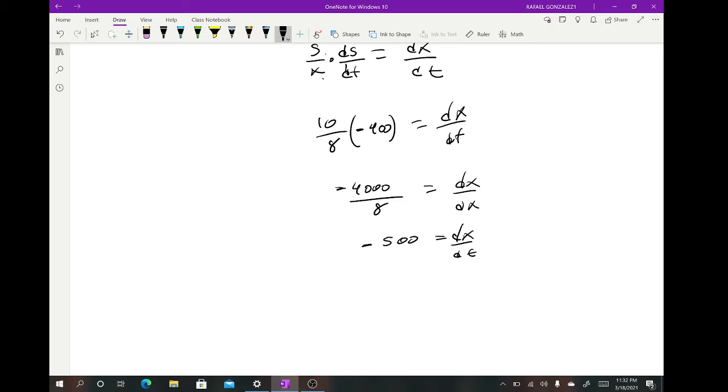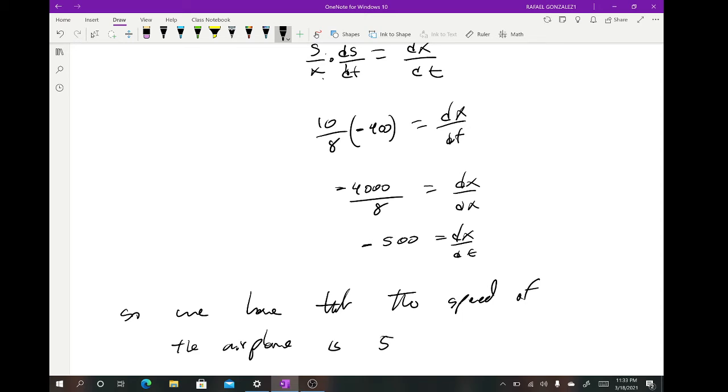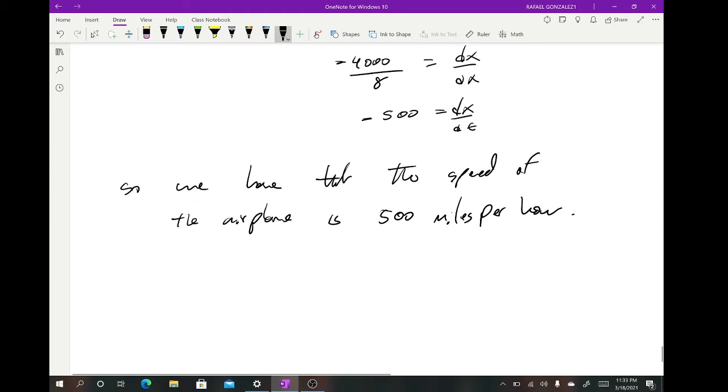The negative just indicates the distance that is decreasing between the airplane and the station. So we have that the speed of the airplane is 500 miles per hour.